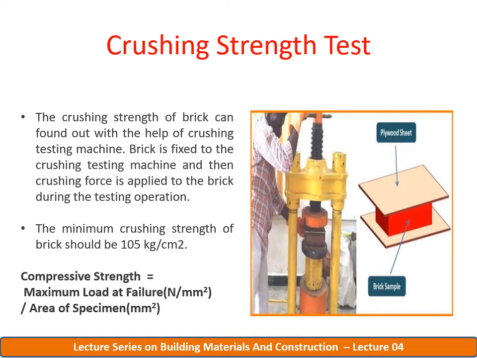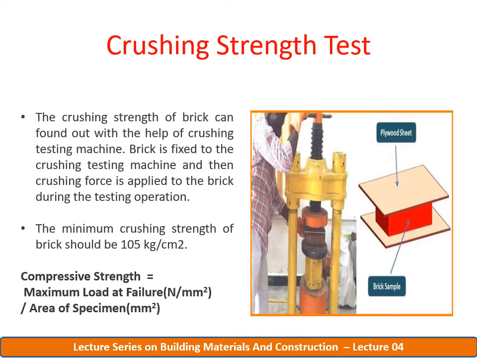Take out the brick sample and clean extra water from the surface. Place the brick sample between two plywood sheets, each 3 mm thick, with flat faces horizontal and the mortar-filled face upward.